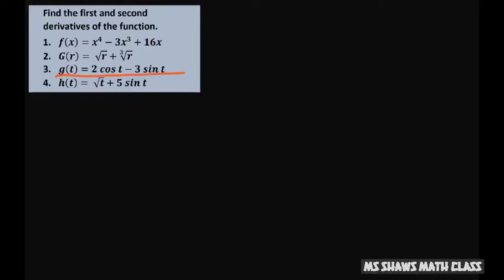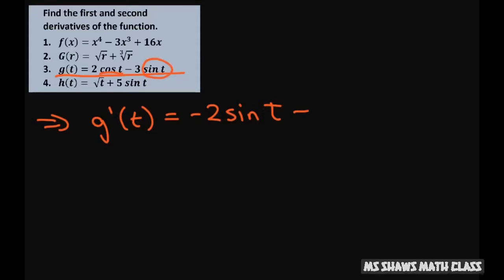So we take the first derivative, g prime of t, and the derivative of cosine is negative sine, so you get negative 2 sine of t minus, and the derivative of sine of t is going to be minus 3 cosine of t.